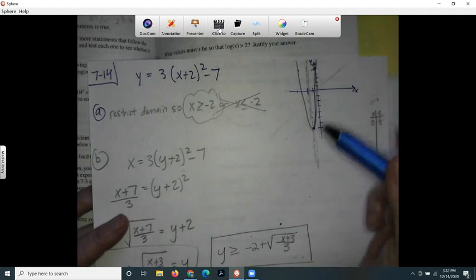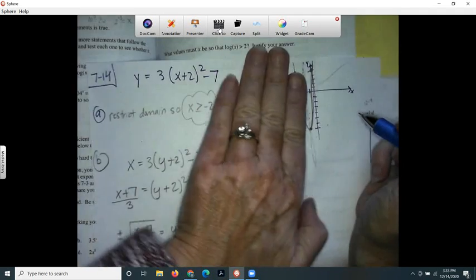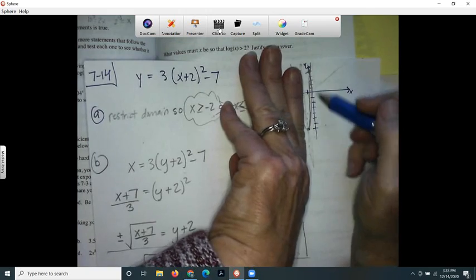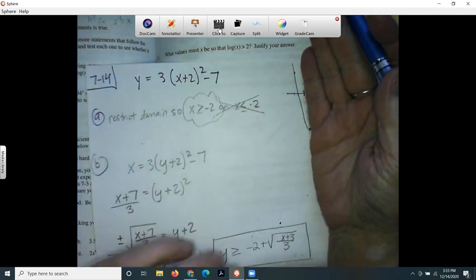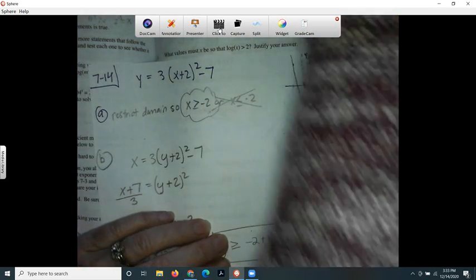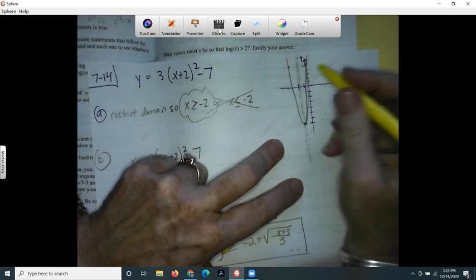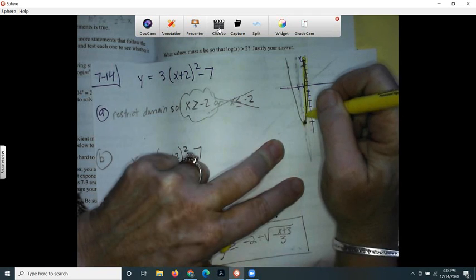They're asking me to show half of the graph, so I can either show the right-hand side or the left-hand side. I think I'm going to restrict my domain and show, oh, here's a highlighter, the right-hand side of the graph. So what would my domain be restricted to?